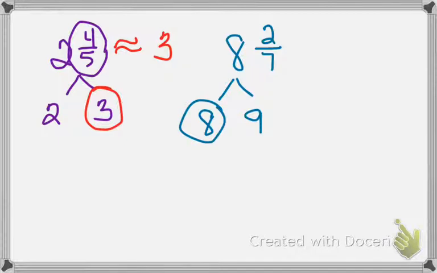So please make sure when your directions say to estimate, there will only be a few of these on the test. You then need to estimate. Mixed numbers go to whole number choices, and fractions go to either 0, 1/2, or 1 whole.